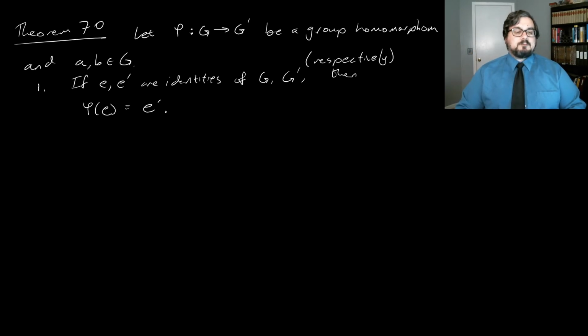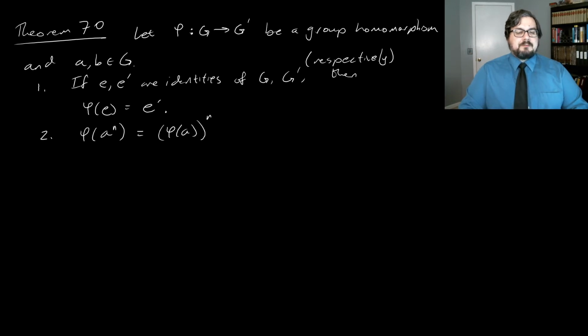Now notice what this is saying. It's saying that a group homomorphism always sends the identity of the first group to the identity of the second. The identity of the domain maps to the identity of the codomain. This is something that is just always true. Number two, if I take phi of a power, then that's the same as taking the phi first and then raising to the power.